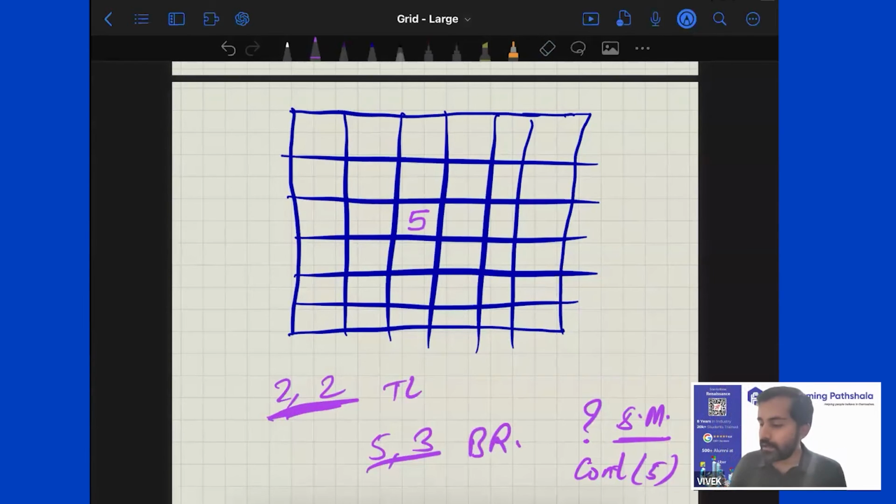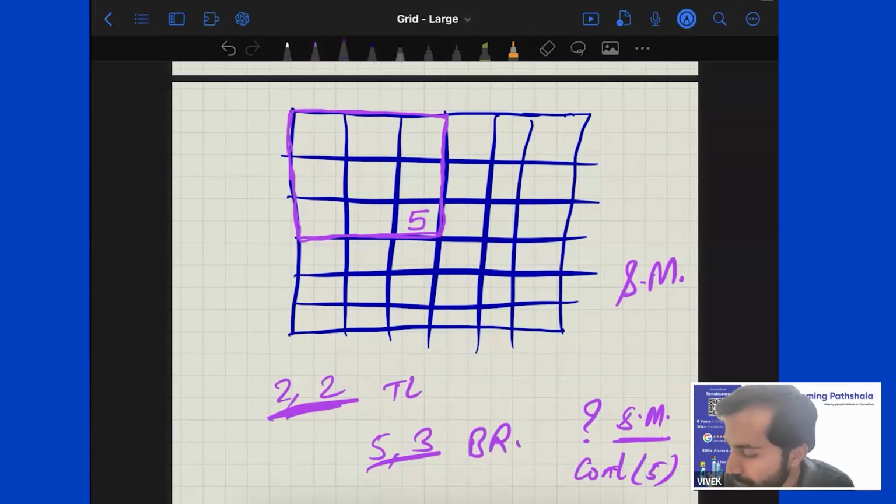Okay. Now tell me one thing. If you consider any submatrix whose top left is chosen from one of these cells, and the bottom right is chosen from one of these cells.